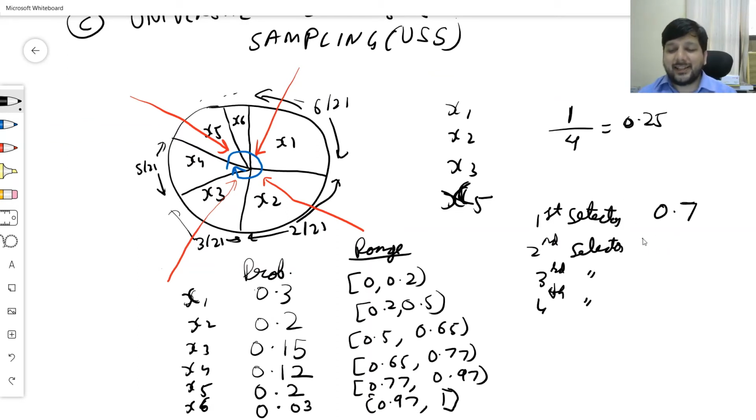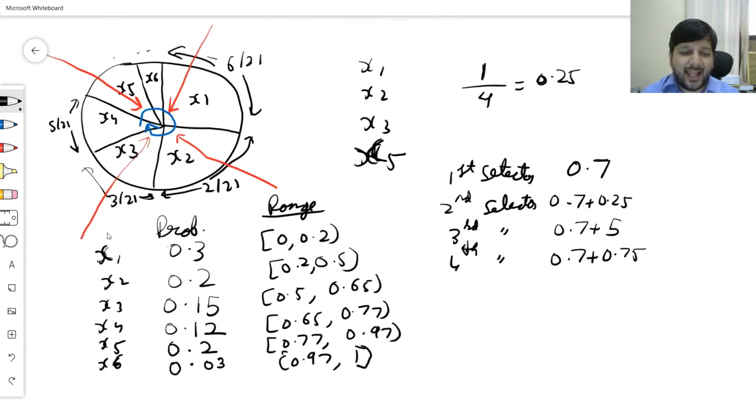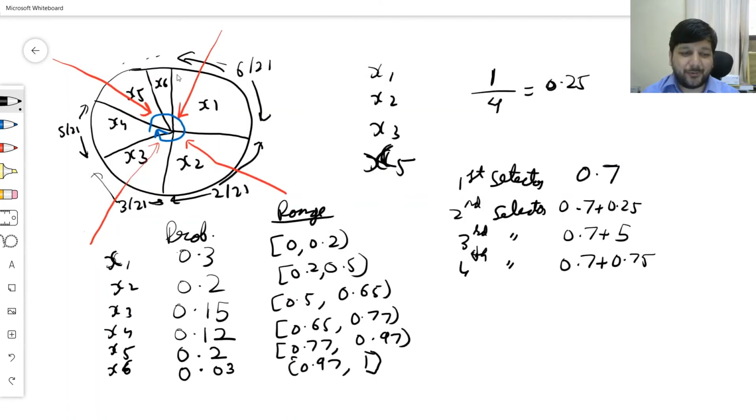So the second selector will be at 0.7 plus 0.25. The third selector will be at 0.7 plus 2 times this, 0.5. The fourth selector will be 0.7 plus 0.75. And because my entire range can only go from 0 to 1, I will take mod 1. So that's mod 1, that's mod 1, that's mod 1.